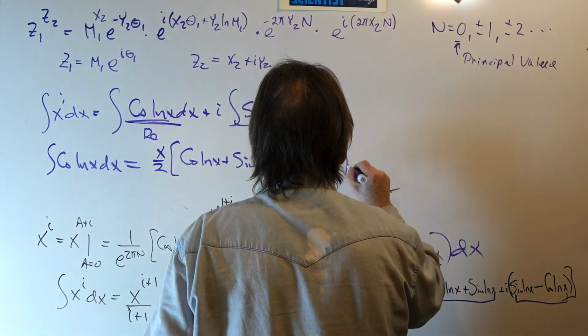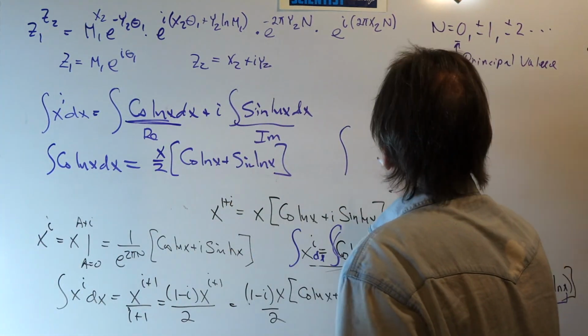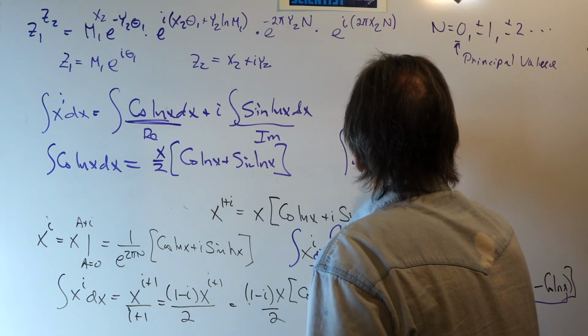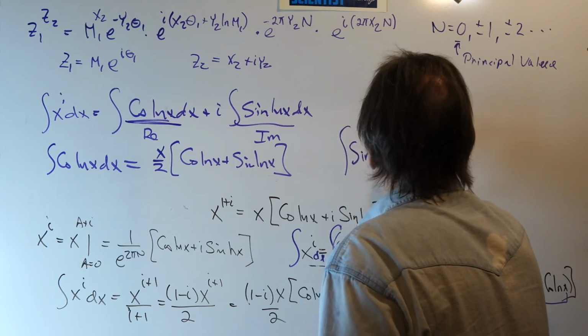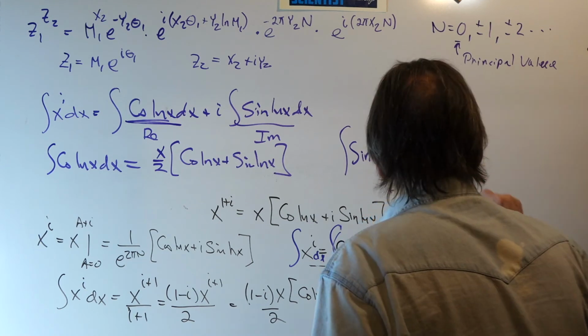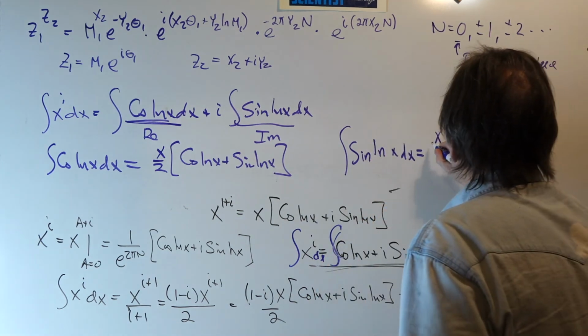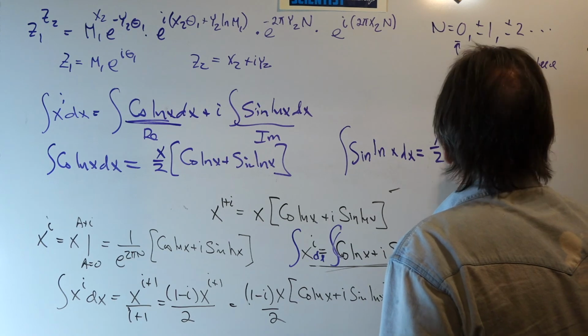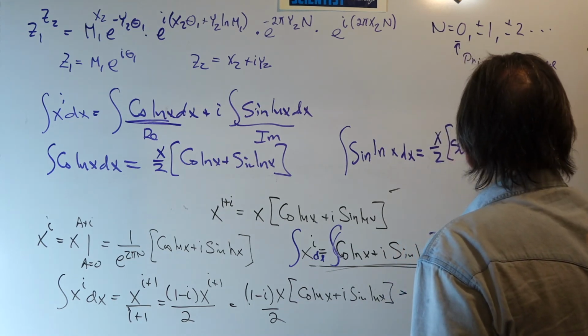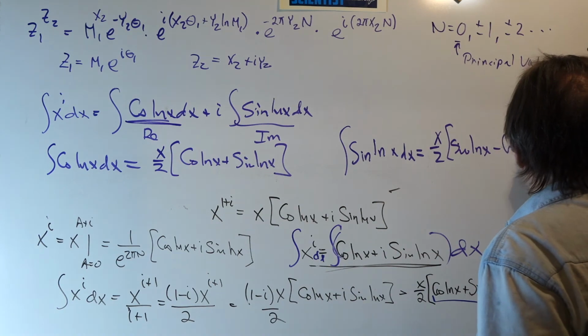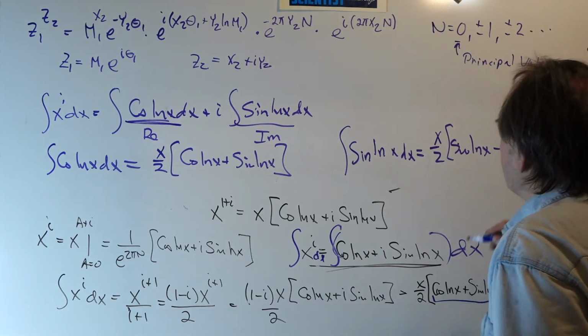And equating the imaginary part, the integral of sine natural log of x dx will be equal to x over 2 times the sine of the natural log of x minus the cosine of the natural log of x.